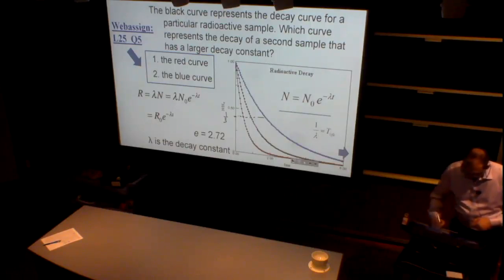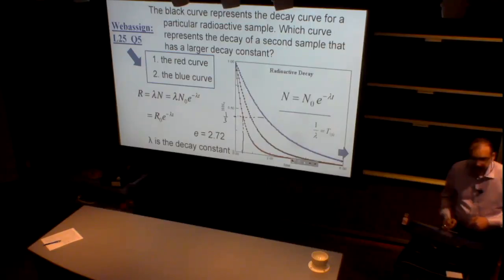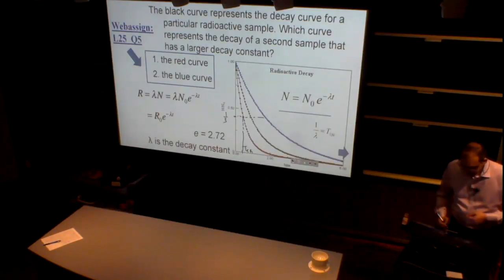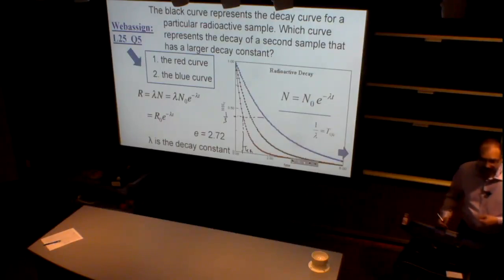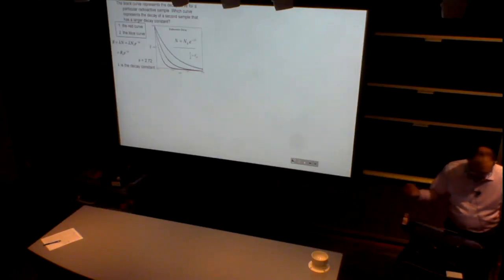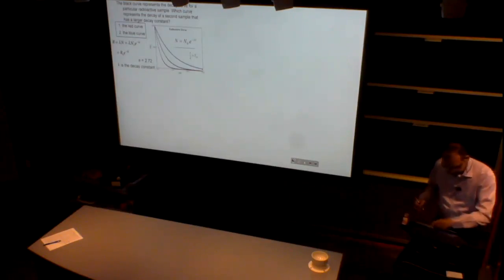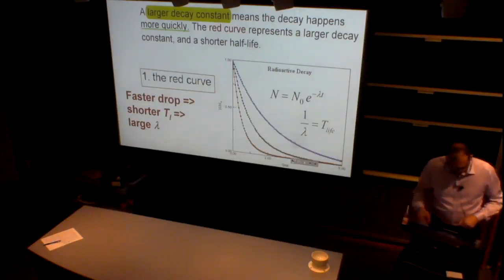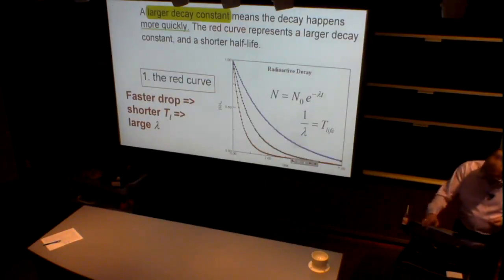It takes less time for the red, T life red, to get to 1/3 than for all the others. So for the red graph, we have the element with the largest decay constant. That's how it works. Well, actually, I just said it. We don't need this. So the answer: faster drop.